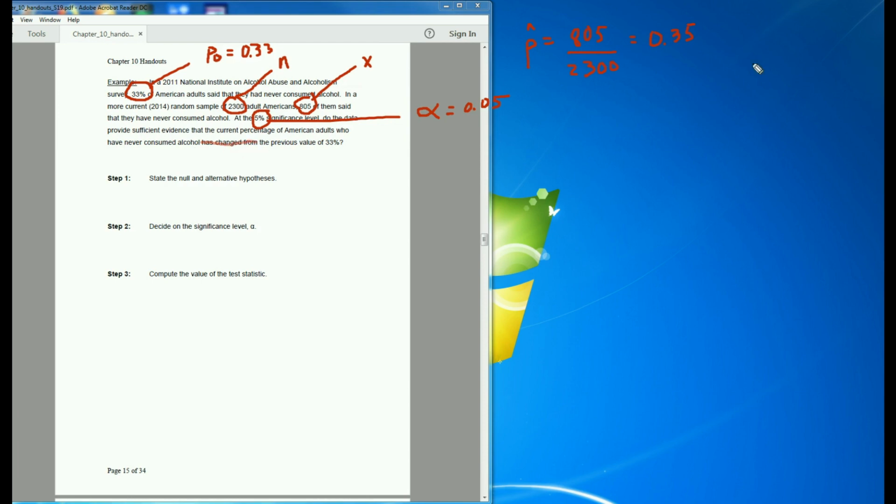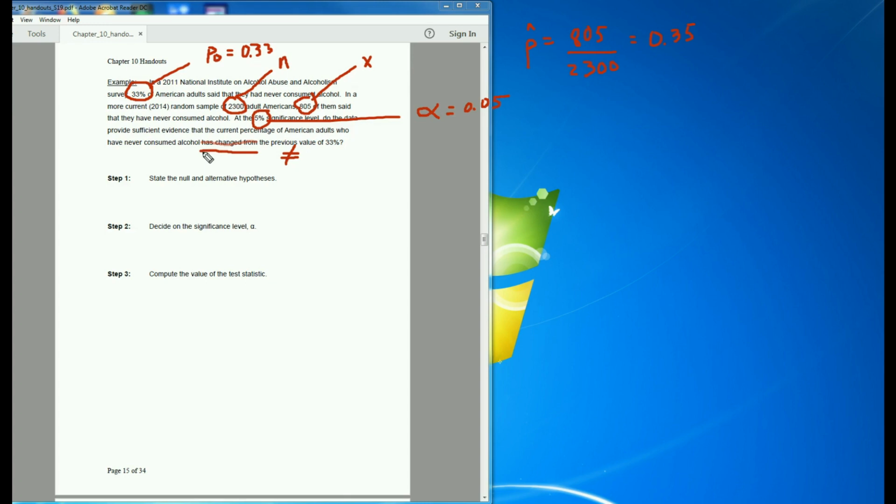Those are the key words right there. Has it changed from? It's not saying, is it less than or is it more than? Just has it changed? Or is it different? In other words, is it no longer equal?